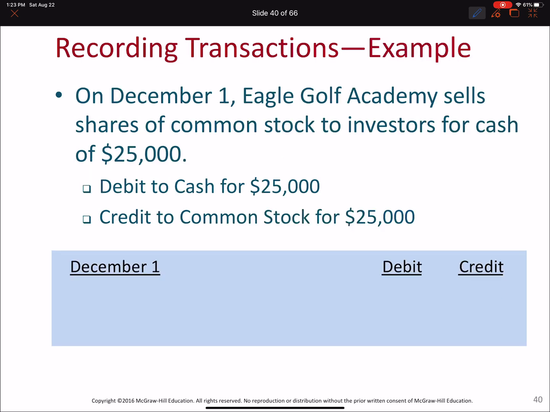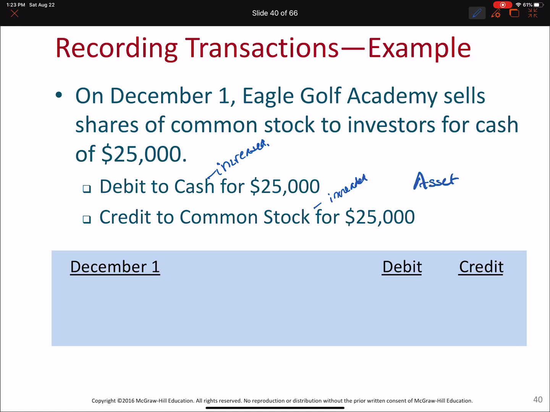All right, let's do an example. And this is the same thing we did in the first lecture of Eagle Golf Academy. Somebody gives us cash and we issue common stock. In the past, we said that cash increased, and we said common stock increased. We know cash is an asset.